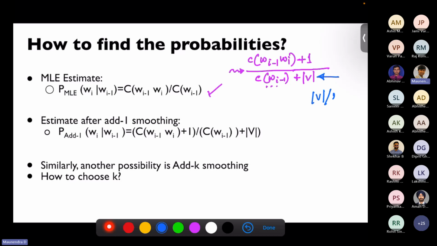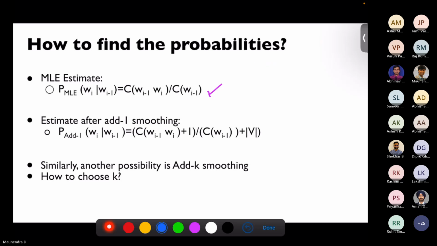Yes. Okay. So instead of i minus 1, let me only write w1, w2. Let me erase this part so that I get some space. Suppose we are having w1 and w2. So probability of w2 given w1 equals count of w1 w2 by count of w1.